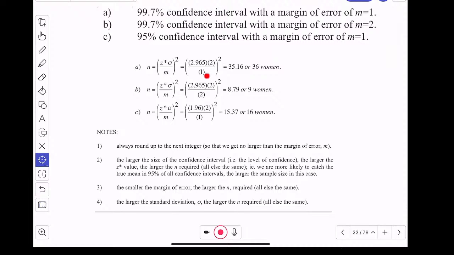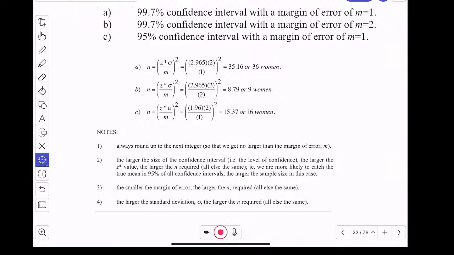So solving, we get 36 women, or 35.16 women. And my rule was, when you have to round, you round all the way up to the next value. So we round all the way to 36. Even though it's 35.16 and you want to round down to 35, you don't do that. Because if you do that, you might make your margin of error too high on your confidence interval.